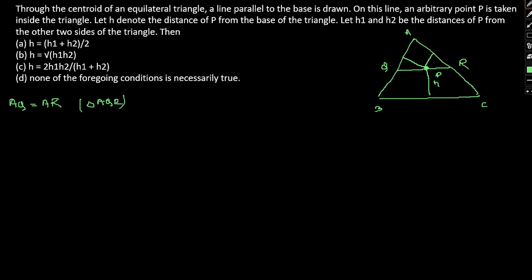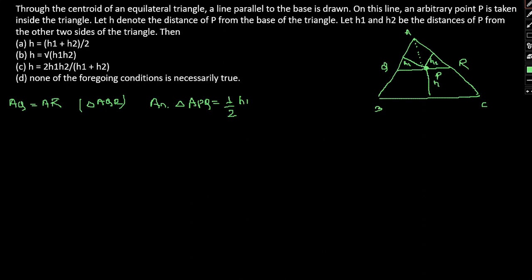Now area of triangle APQ will be half times AQ times H1. So say this is H1, this is H2.